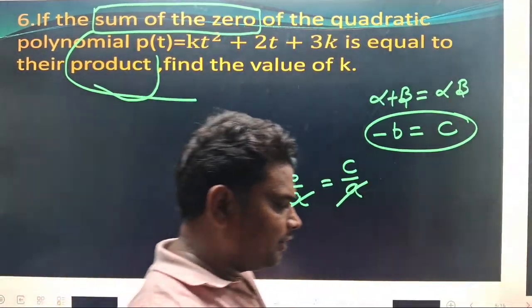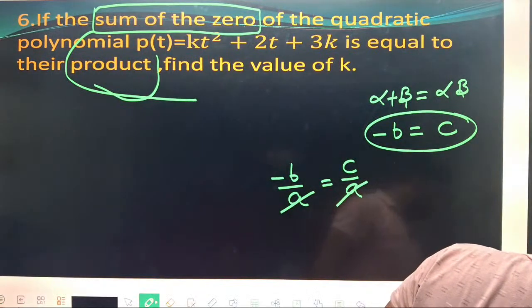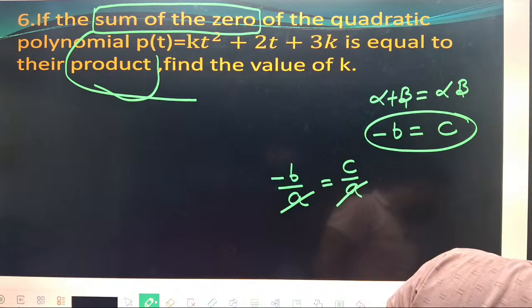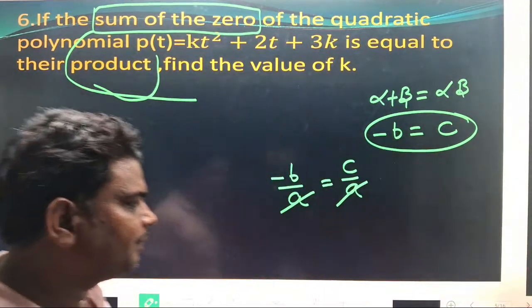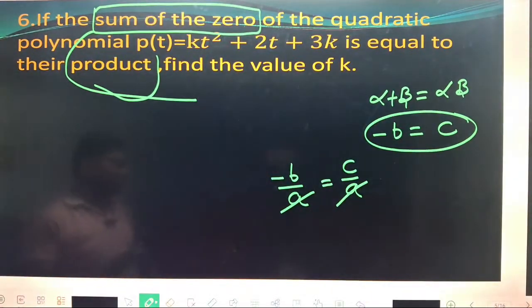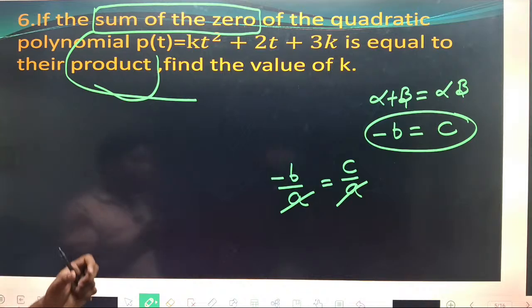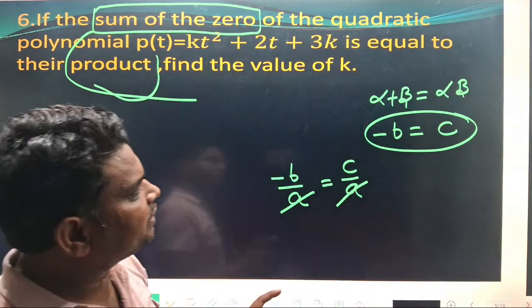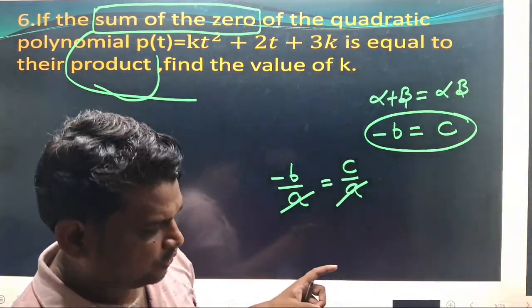Everyone clear on the concept? Comments, if the concept is clear. If the sum of zeros and product of zeros are equal, then minus b is equal to c.